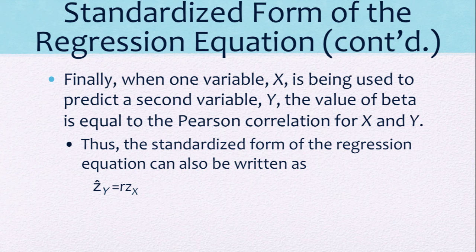Thus, the standardized form of the regression equation can also be written as the predicted z of y is equal to the correlation coefficient of x and y times the z-score of x. And now r, which is beta for the standardized equation, is telling you what happens to y as x increases by 1 standard deviation.